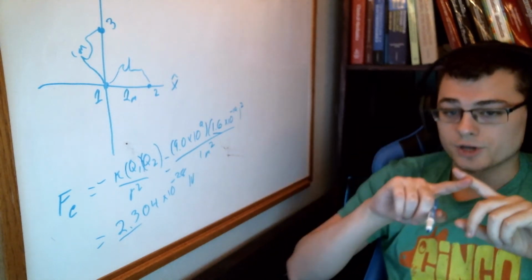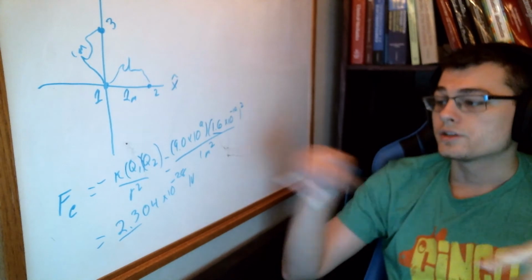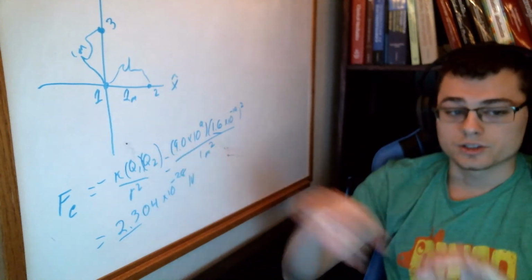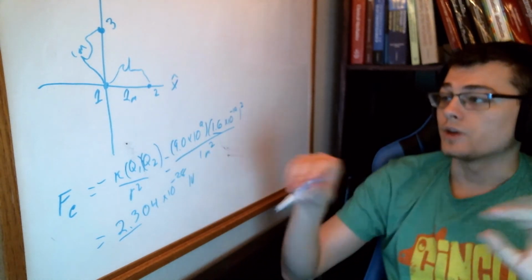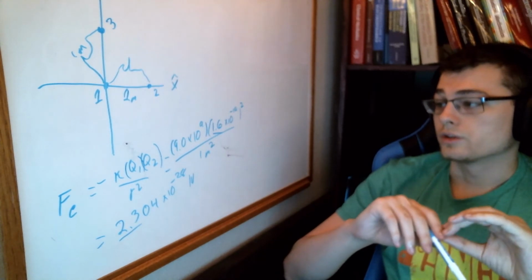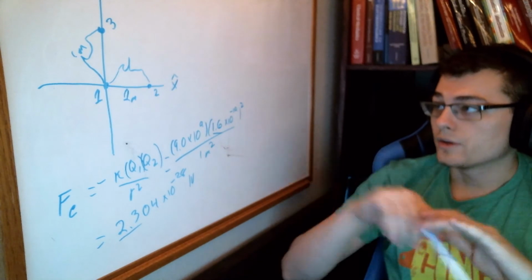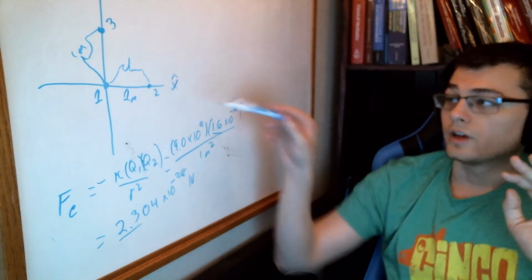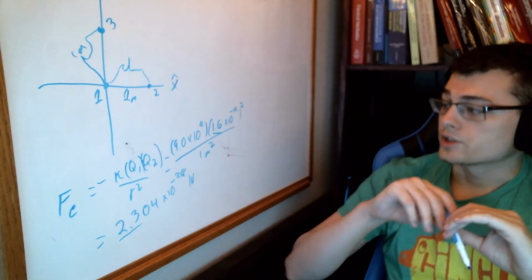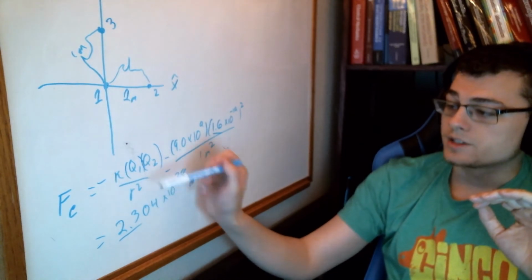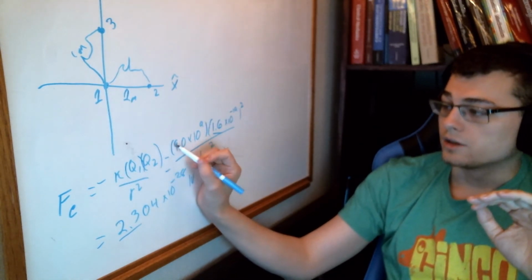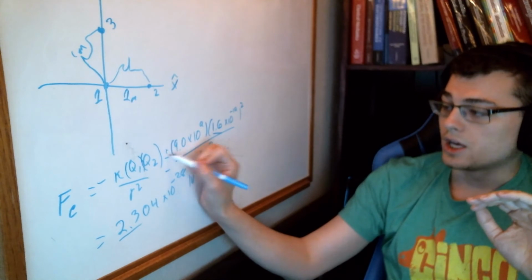So positive for attract, negative for repel. That's why I keep this minus sign here. It's just a matter of bookkeeping so that we know which way our forces are going to be pointing. If we add this third charge in here, our calculation is going to be the same, right? But now it's going to be in the y direction, and this minus sign here is going to be a plus sign.